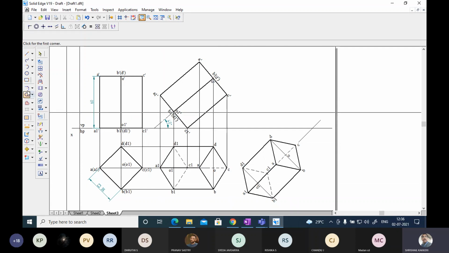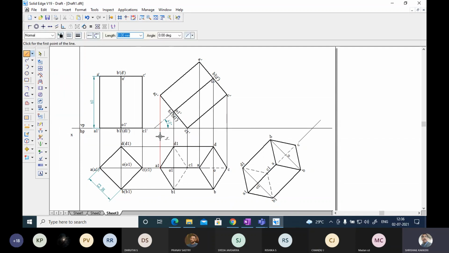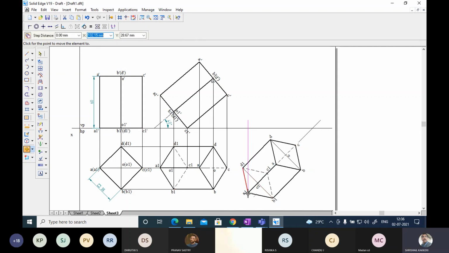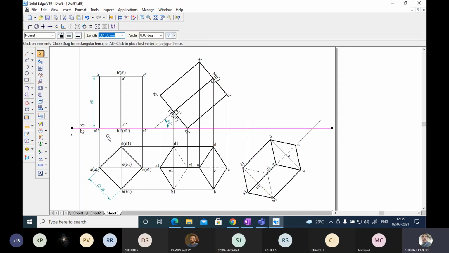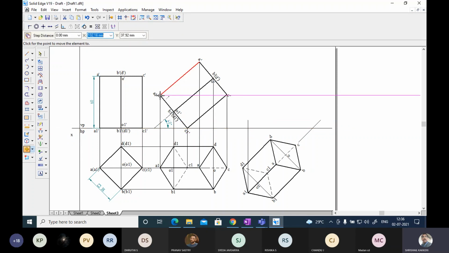How to do? Go to line. Let me take a line. One line I am going to take. You select one line. Locate at point A and select a point, one line. Draw it from A. Okay, and this is point A. This portion I am going to trim.